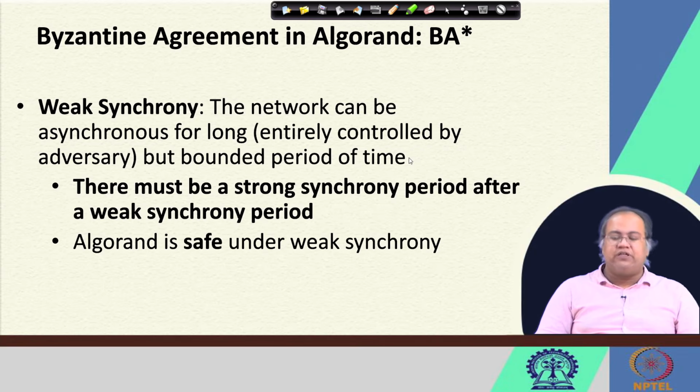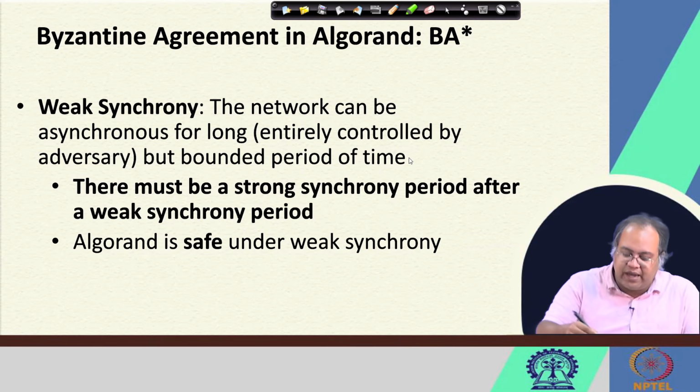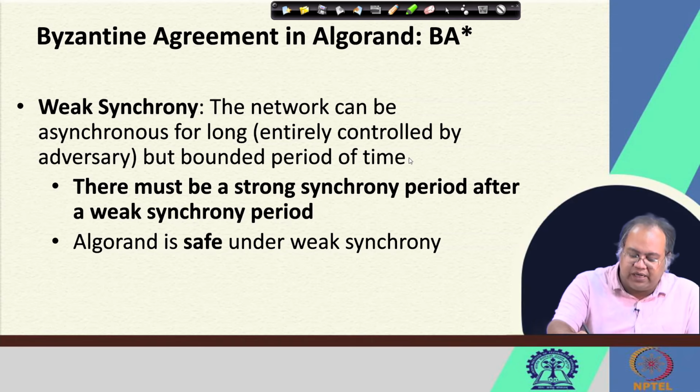The weak synchrony assumption tells that the network can be asynchronous, meaning entirely controlled by the adversary, but only for a bounded period of time. It might happen that an adversary has colluded a part of the network, so that when you select a committee, the majority of the committee members are malicious.